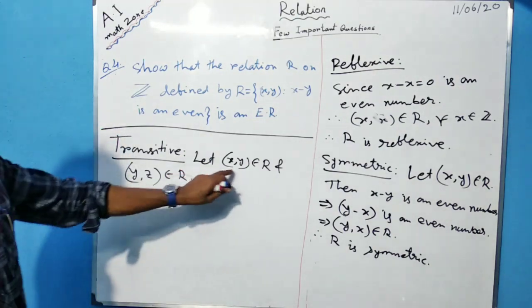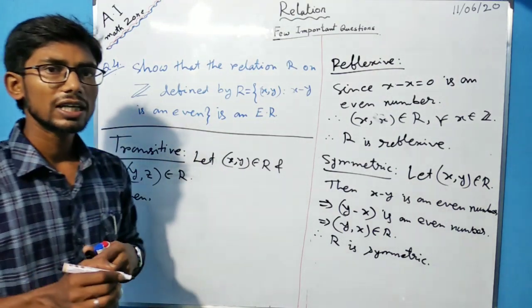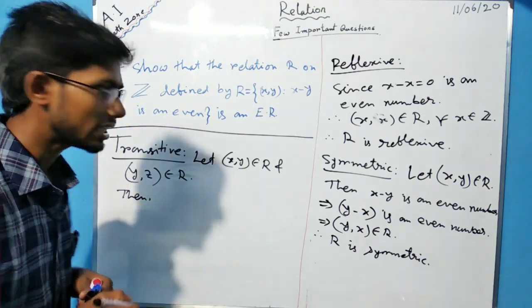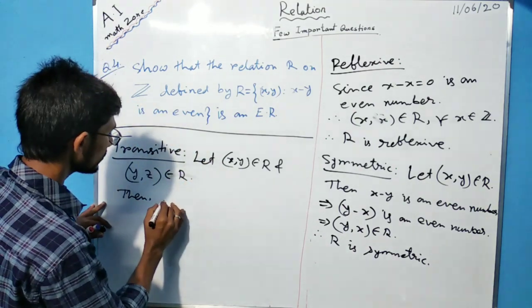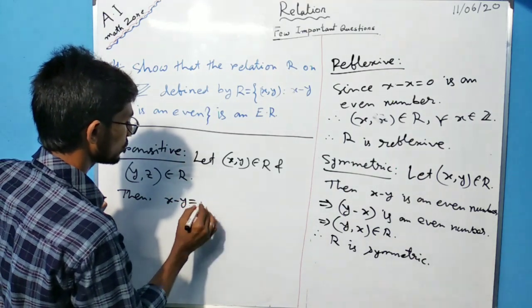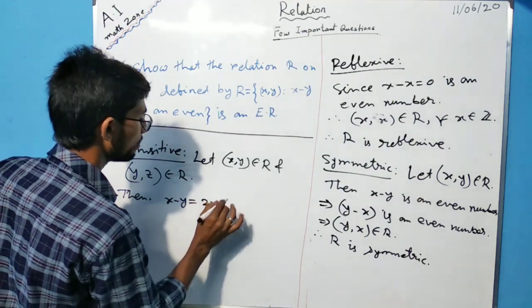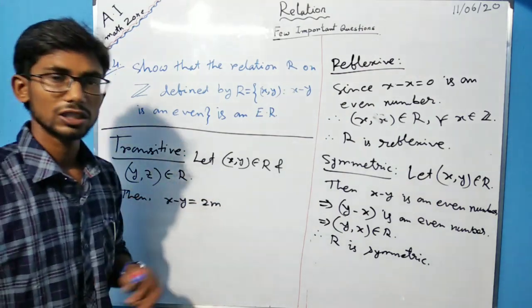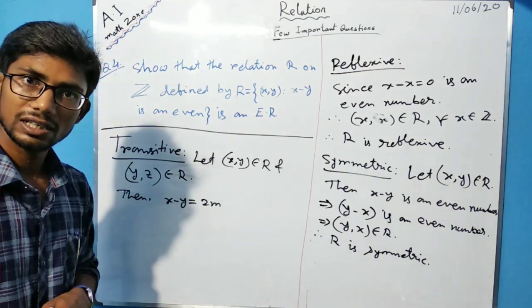Then जब भी (x, y) belongs to R होता है तभी वो एक इवन नंबर होता है. Then x minus y is equals to 2m, क्योंकि इवन नंबर होता है इसीलिए मैंने उसको 2m लिखा, राइट?